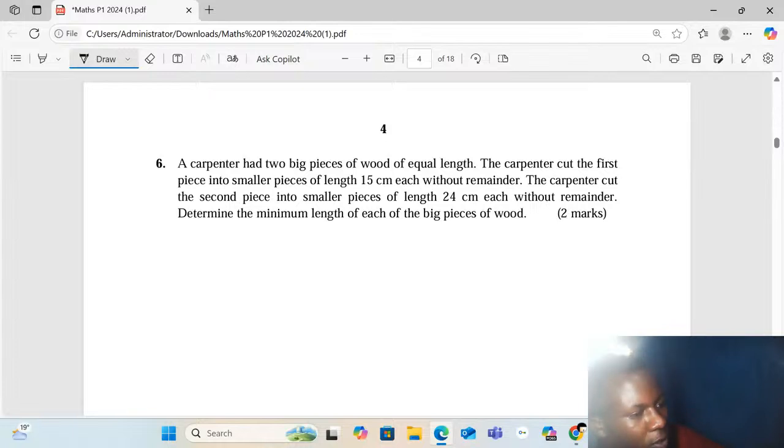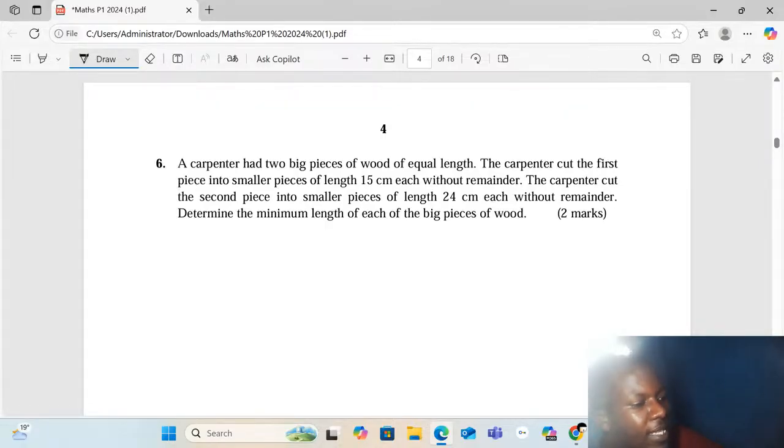Now this question simply tests on LCM. The piece of wood is cut into 15 centimeter pieces without a remainder, and secondly, 24 centimeter pieces without a remainder.